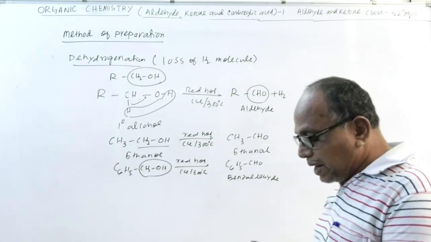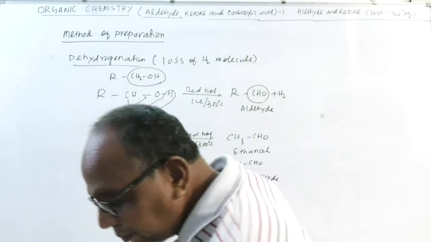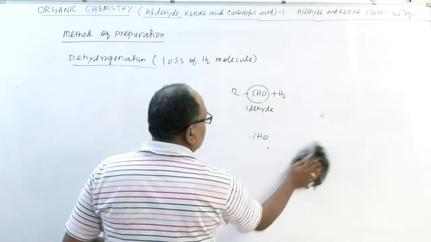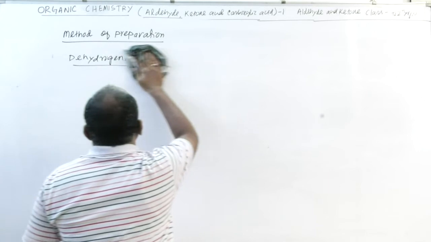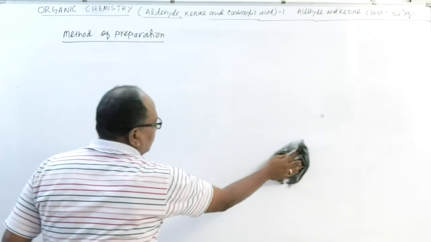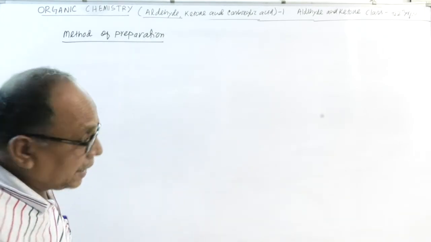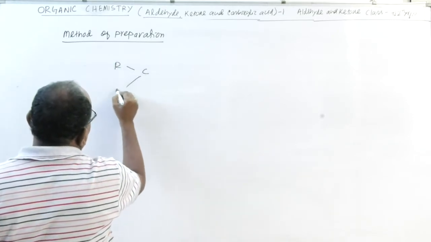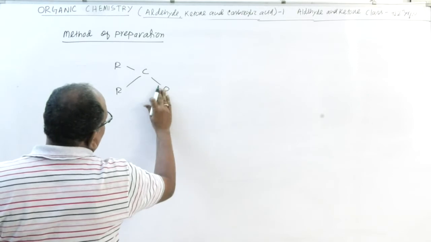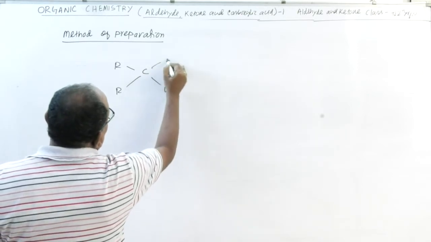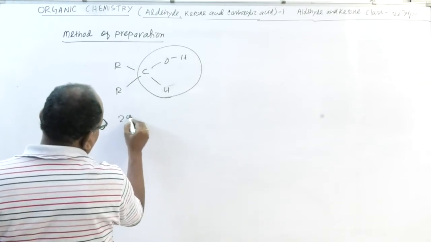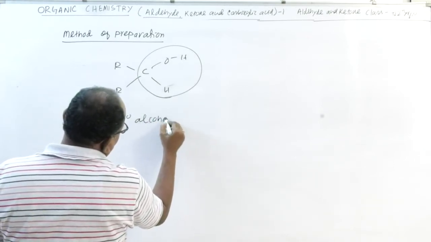Similarly, if you take a secondary alcohol, that is R2CHOH, this is your CHOH group, this is your secondary alcohol.